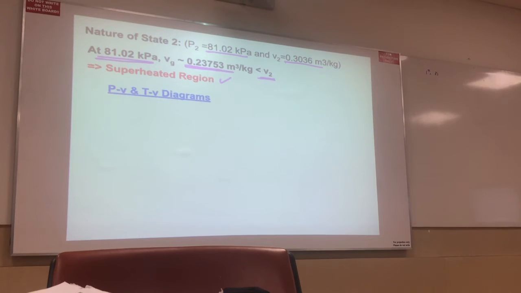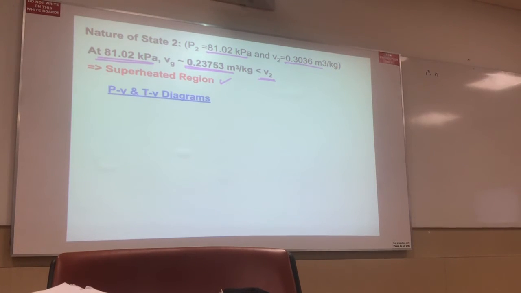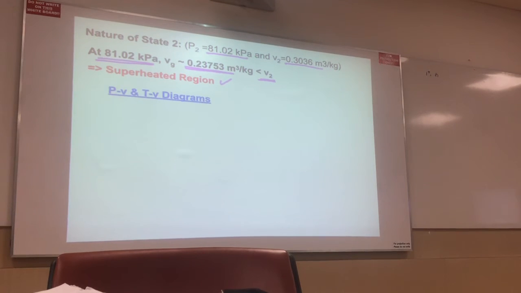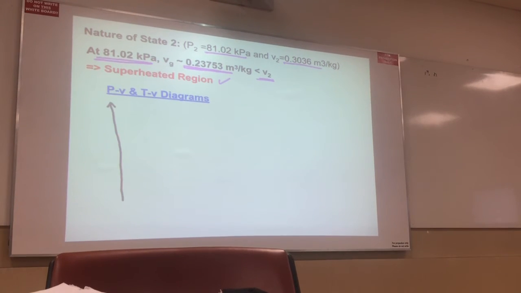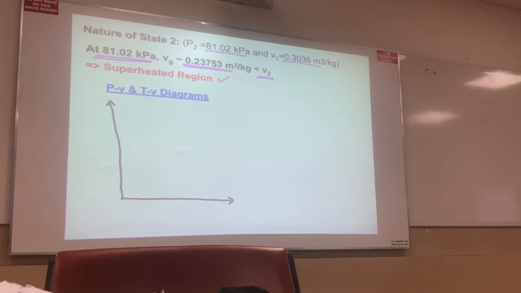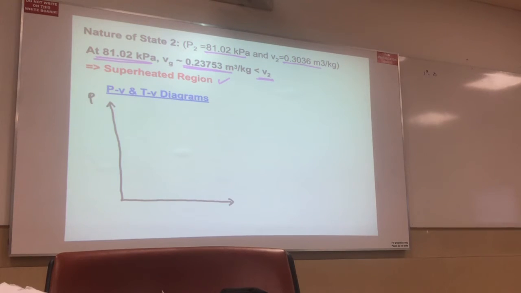Alright, so now you have to draw the PV and TV diagrams. This one is important. You should draw. What is a PV diagram? This one is the PV diagram.